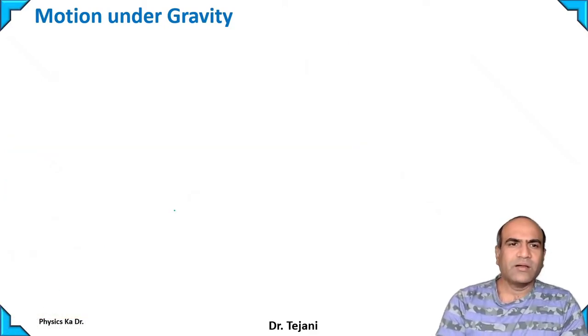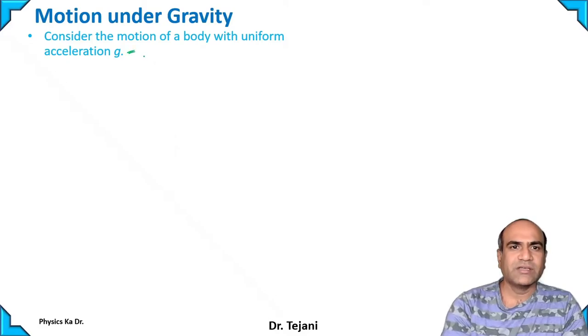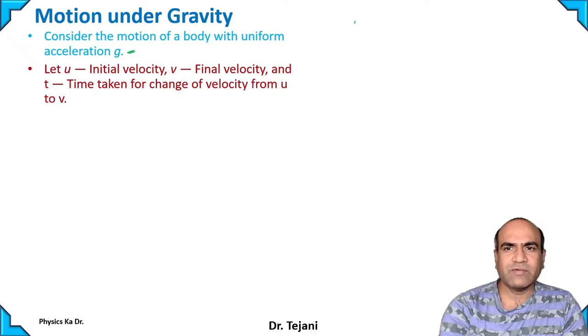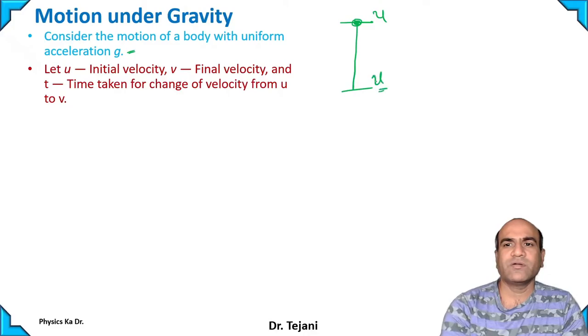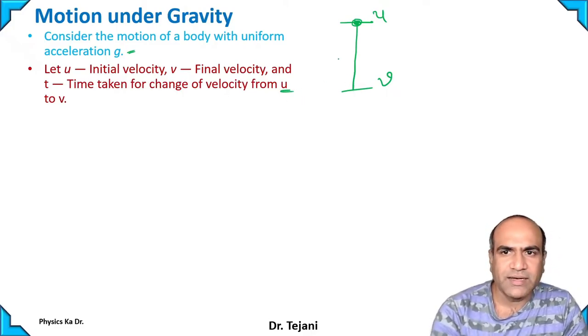Now, for the mathematical equation part, let us consider the motion of a body with uniform acceleration g, right? And we can have initial velocity u when the body is moving from one position to another position with velocity v, right? And the time taken for change of velocity from u to v is considered t.